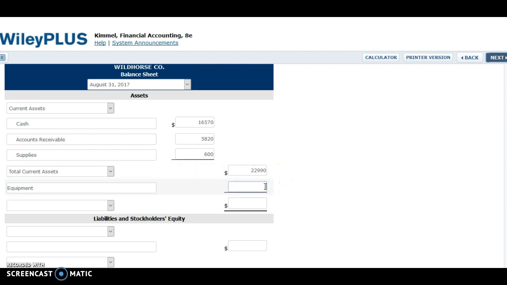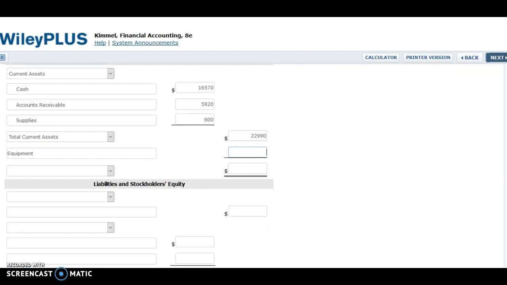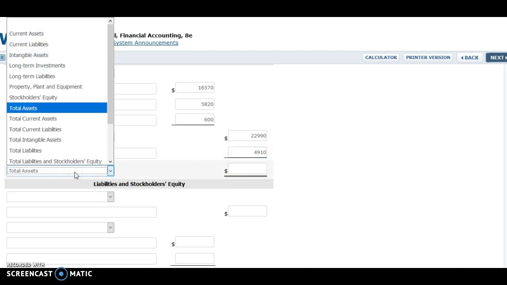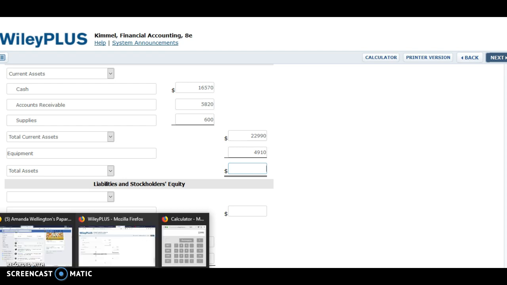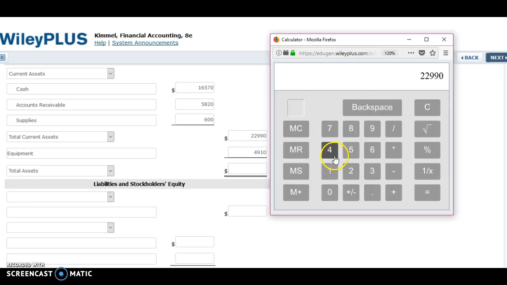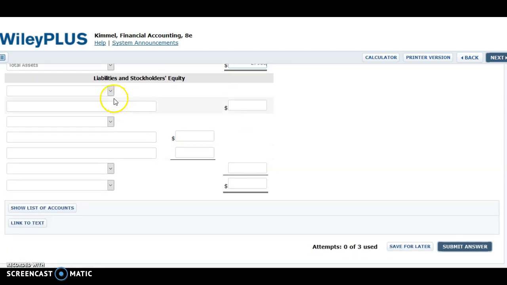And we know it's equipment because that's our only other asset, which is 4,910. Total assets: $22,990 plus 4,910 is 27,900. There we go.